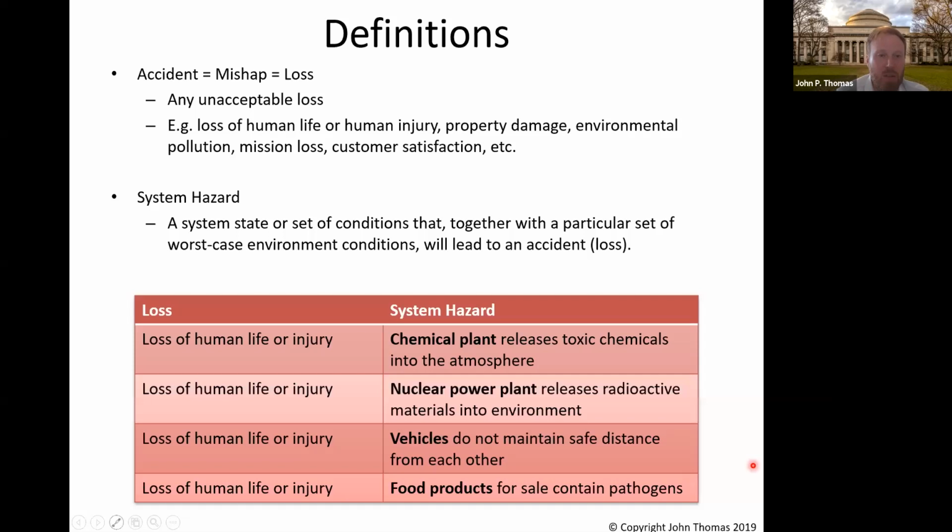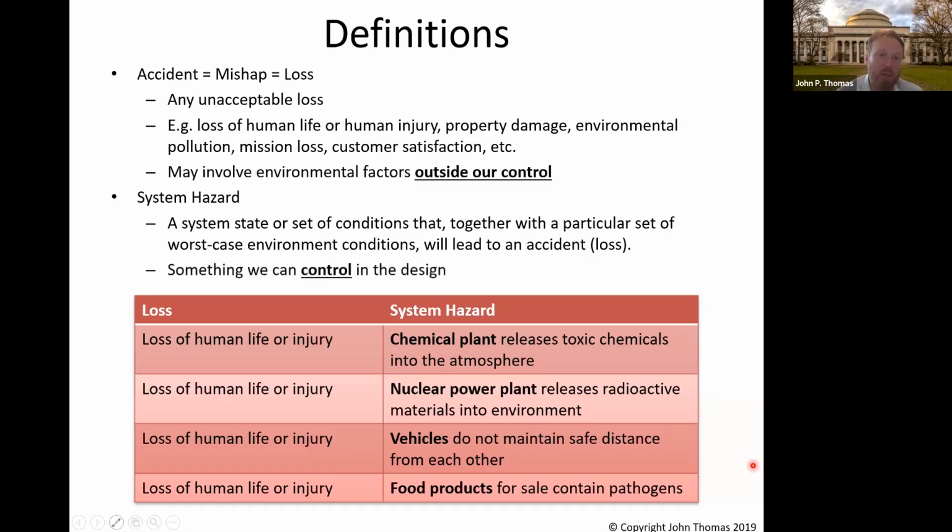We're going to say that's outside of our system boundary. In this analysis, we want to zoom in on what's in our system boundary. What is the state of our system or the condition of our system that we would like to control and to prevent in order to prevent the loss. So that's one of the big differences between losses and hazards. The losses may involve lots of factors outside of our control, like the wind.